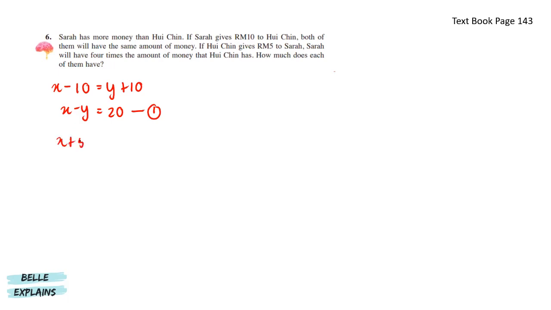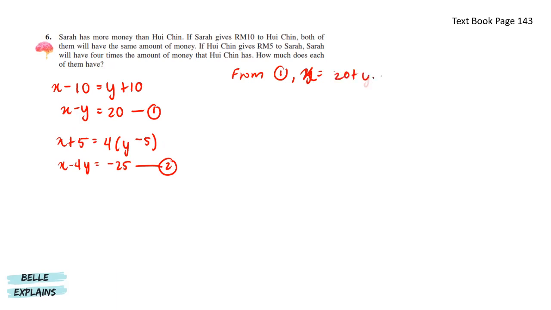Alright, if Hui Chin gives RM5 to Sarah, Sarah will have 4 times the amount of money that Hui Chin has. So we have X plus 5 equals 4 times Y minus 5. How much do each of them have? Okay, since we already have 2 equations here, once again, let's solve them simultaneously to find the amount of money they both have.